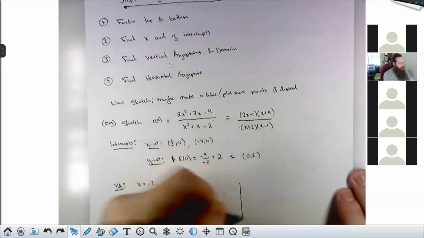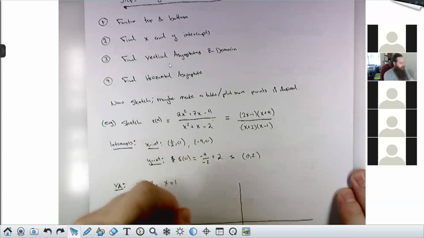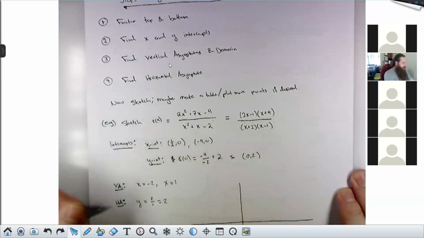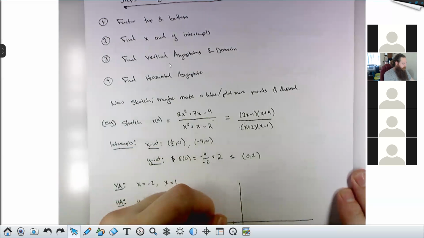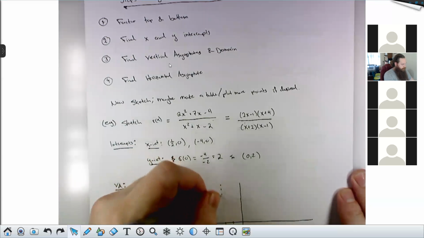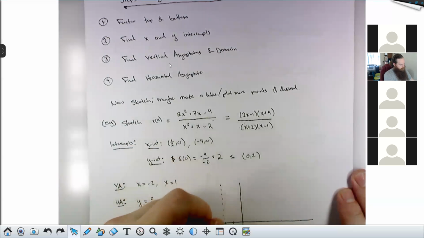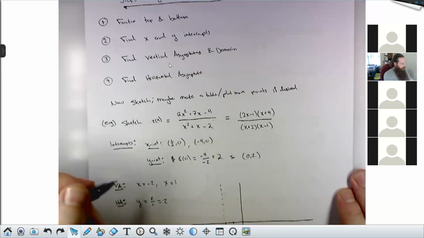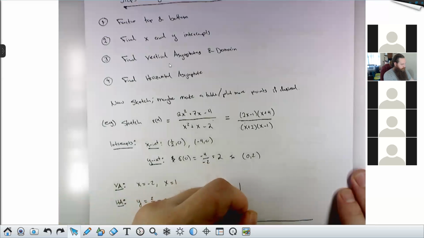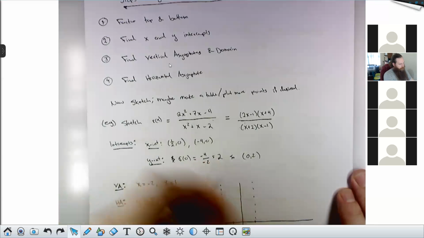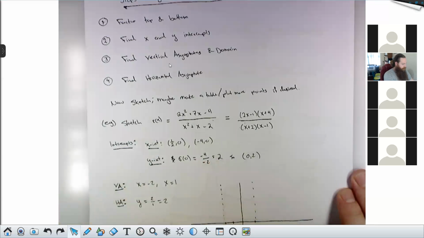So now I'll draw my graph. Vertical asymptotes. I've got one of them over here at -2. Got one of them over here at +1. So I'll label this as x equals -2 and this as x equals 1.